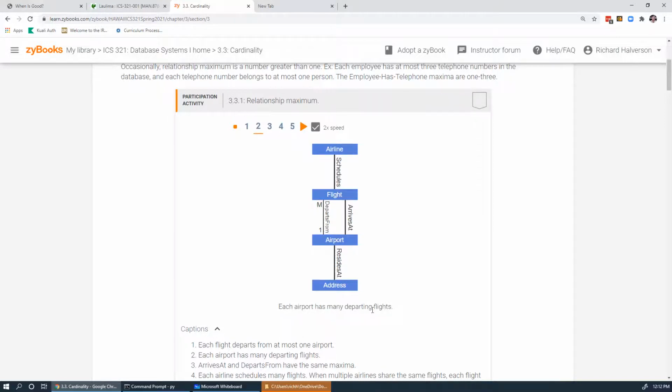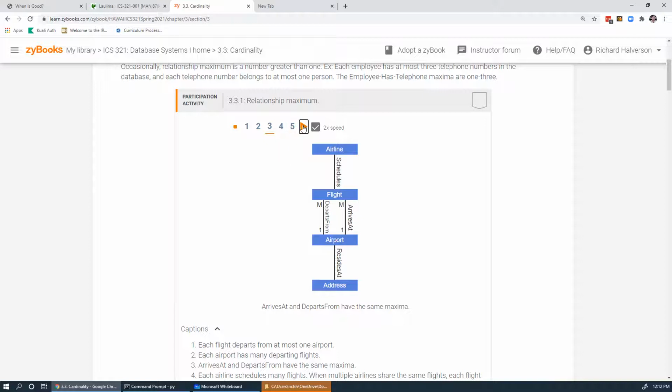And each airport has many flights, so you put the M here. Each airport has many flights, but a flight can only depart from 1 airport. Arrives at and departs from have the same maxima. A flight departs from only 1 airport, and a flight arrives at only 1 airport.